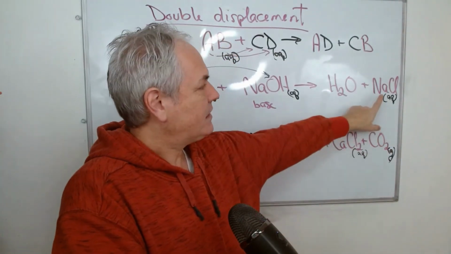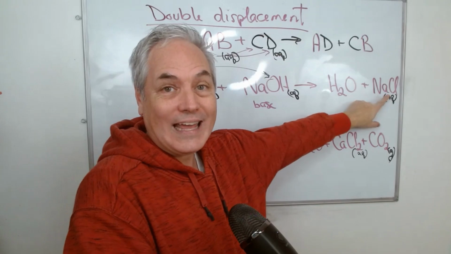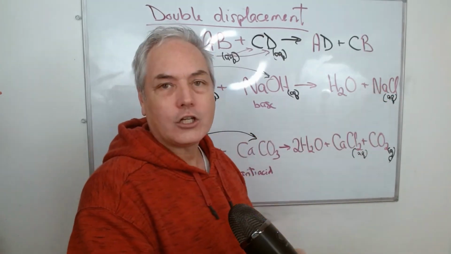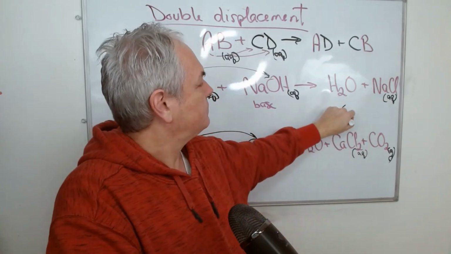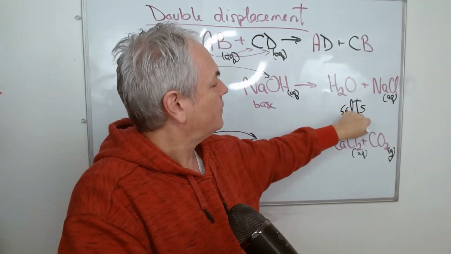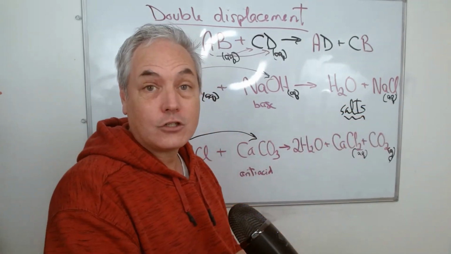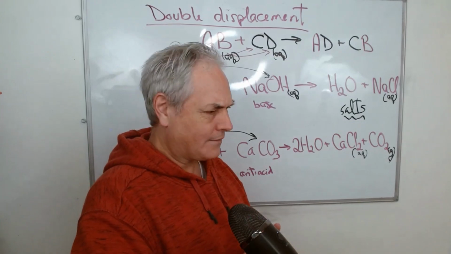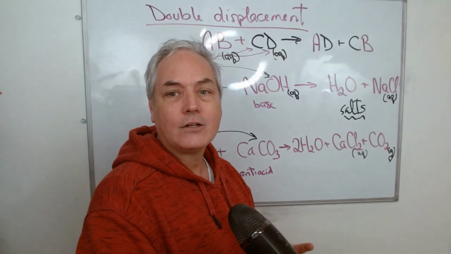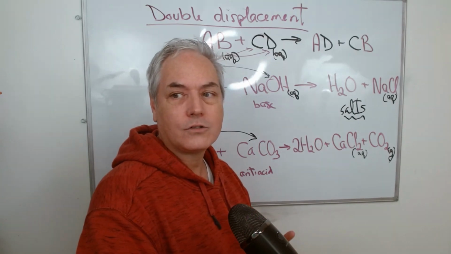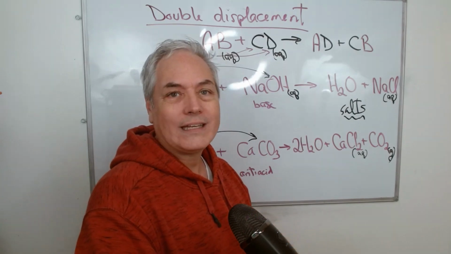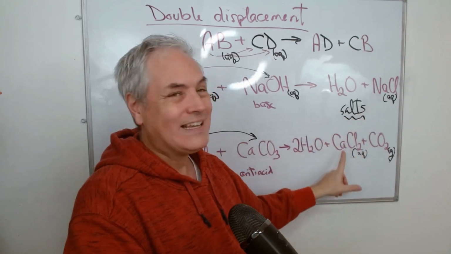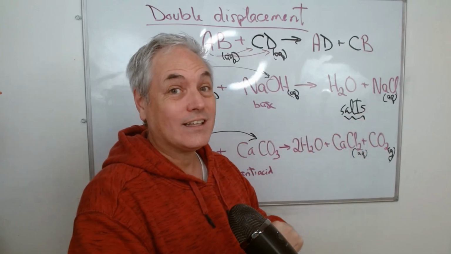Now, what's interesting is that NaCl and CaCl2 are considered salts. When you have salts, they tend to be alkaline metals or alkaline earth metals, usually with halogens. These are what make salts that are dissolved in water.